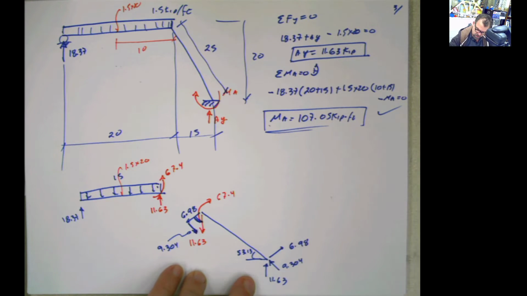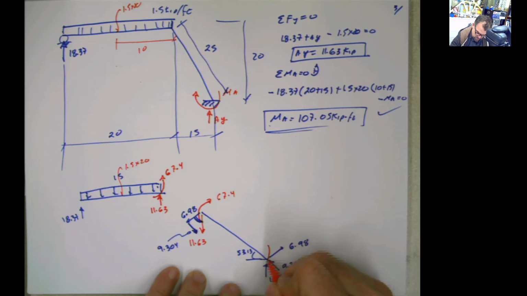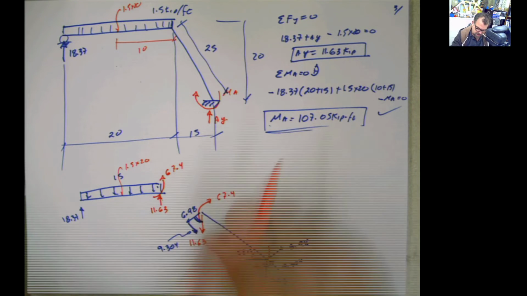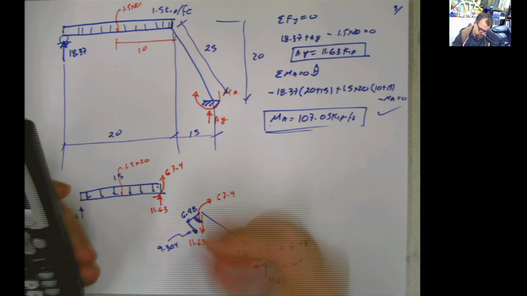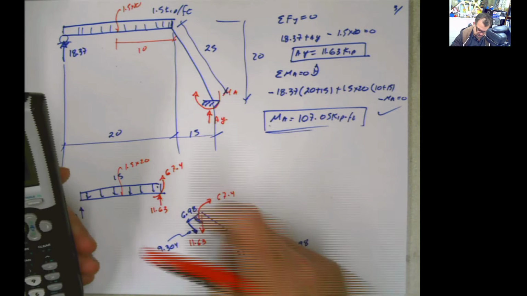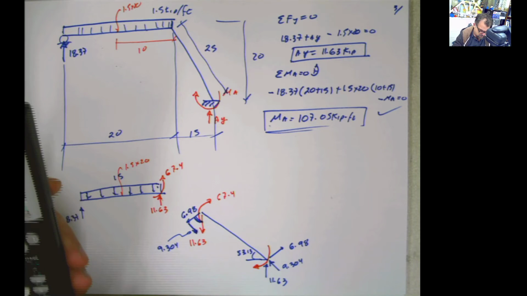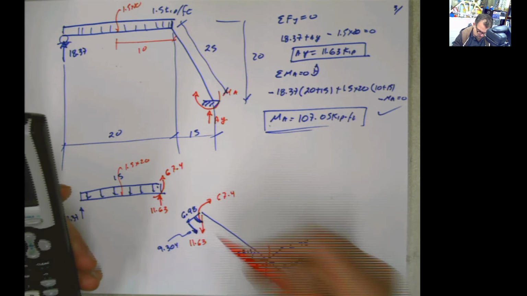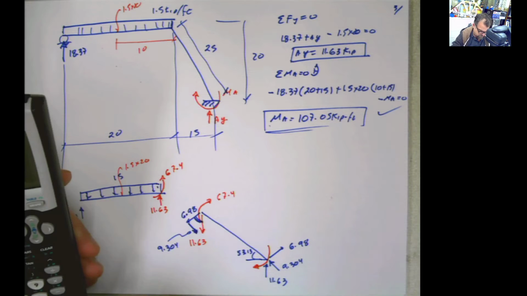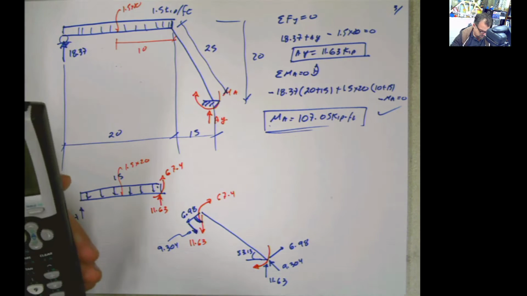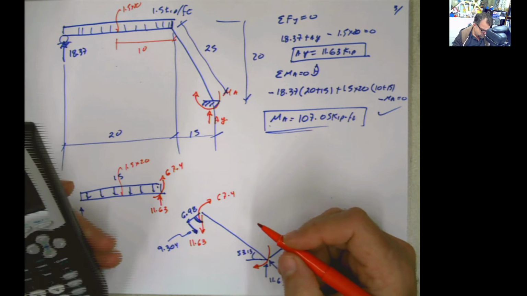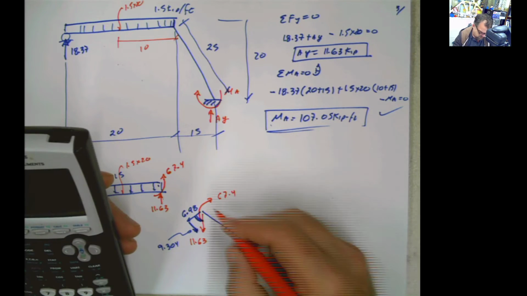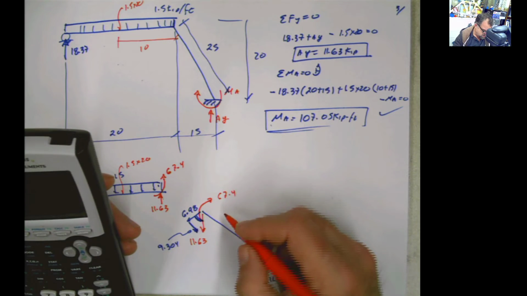Summation of moments here: I have 6.98 positive times this distance, which is 25, 6.98 times 25 minus 67.4. That's 106.35. I think there are some errors here, but the errors are in the rounding.